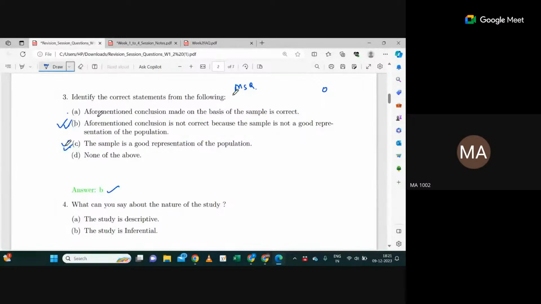Suppose this question carries 2 marks. Then 1 mark is for this option and 1 mark for that option. If you selected any one, you will get 1 mark. If you selected both as correct, you will get 2 marks. If you selected any other option along with these two, you will get 0 marks. Any wrong selection makes the whole answer zero.